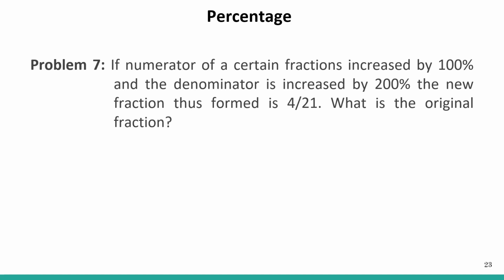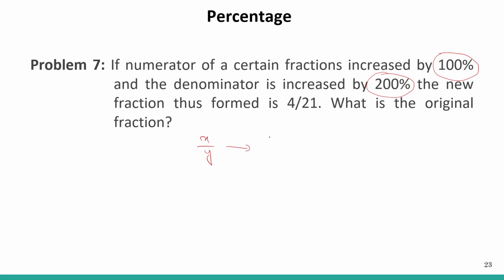Let's see problem number 7. If the numerator of a certain fraction is increased by 100% and the denominator is increased by 200%. Again, let's assume that it is x by y.